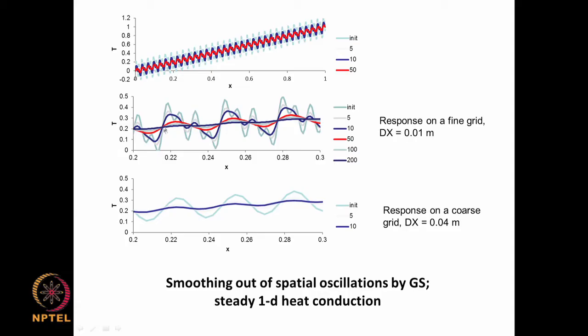The amplitude is decreasing, but even that variation is still there. So, it has taken 200 iterations or more to bring it almost up to the linear variation, but out of this the variation corresponding to the short wavelength is damped out within 10 iterations.